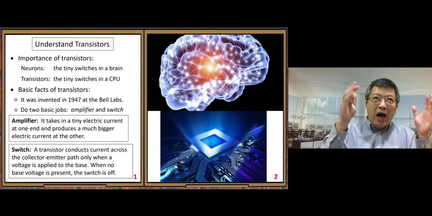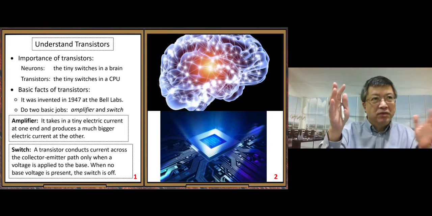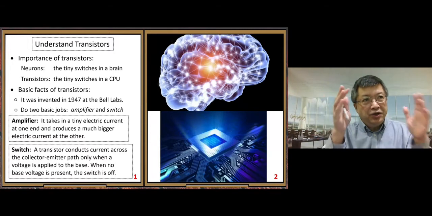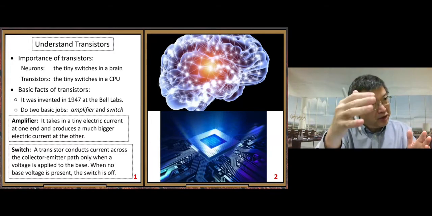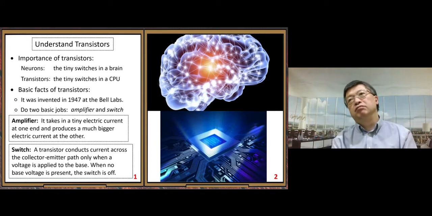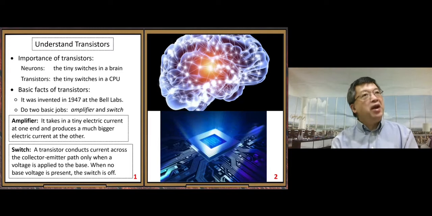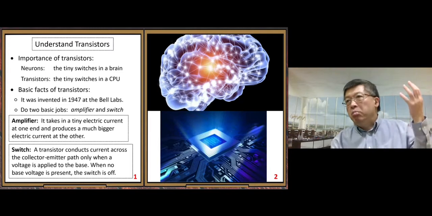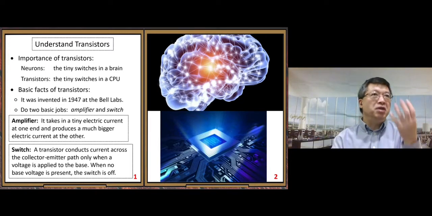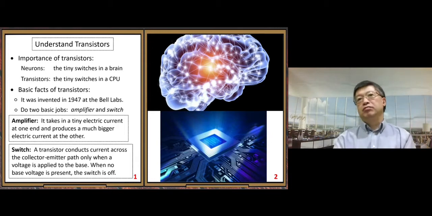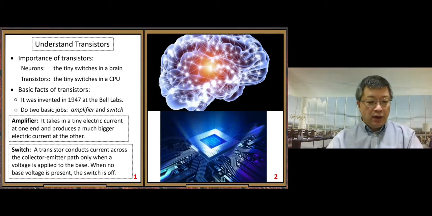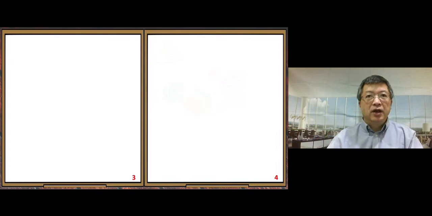A lot of complicated things can be represented using 0 and 1 states, symbols. So you can see many advanced, powerful things can be done through these switches.